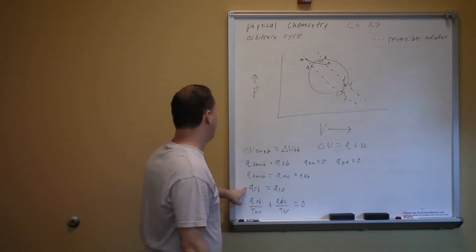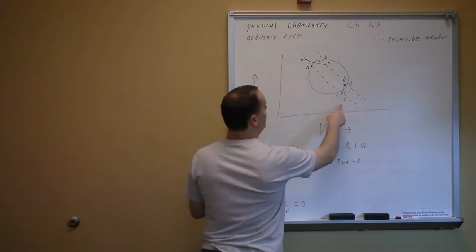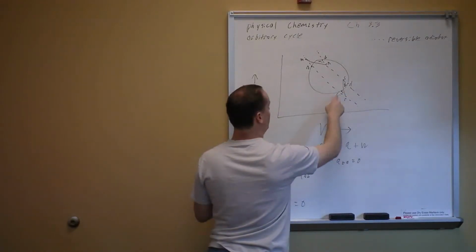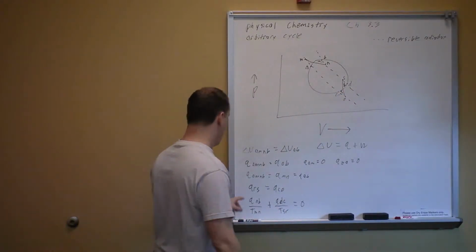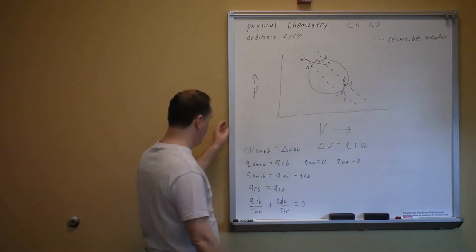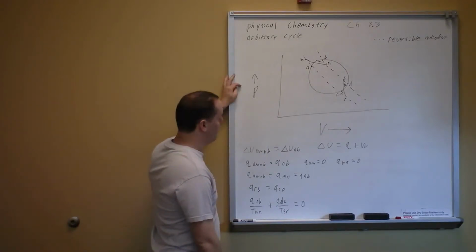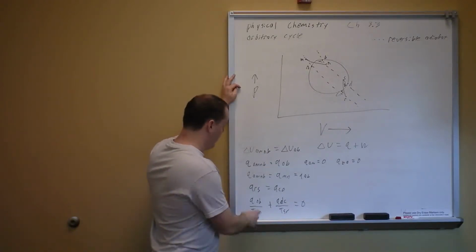And then likewise, we can do the same analysis for down here, just to say that Q_RS is the same as Q_CD. Now, remember what we talked about during the Carnot cycle, how we showed that Q over T is a state function. Therefore, the cyclic integral is going to be equal to 0.